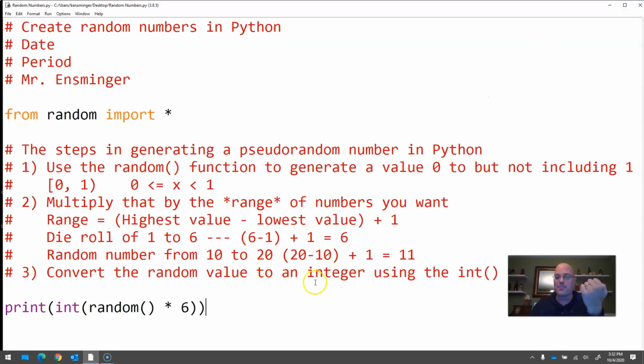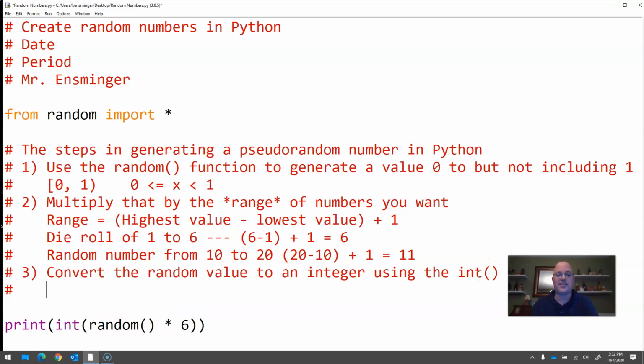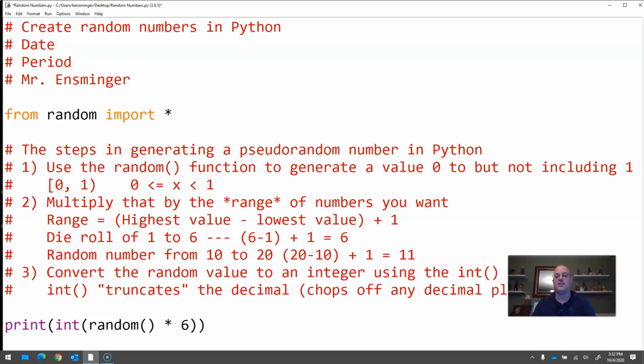There's one last step here, because when you use the int command, what you have to realize is that int truncates. We talked about that in the math video. The decimal. So in other words, it chops off any decimal places. So if you have something like 1.89, it gives you 1. It doesn't round up. It's not rounding.